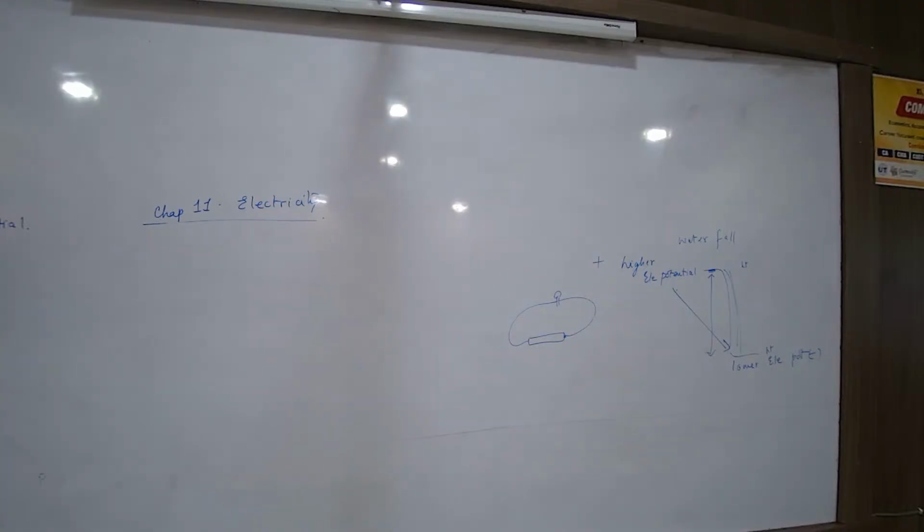Give me one non-metal. Graphite, just now we have seen. These four are metals. Graphite is non-metal, so that's why I'm asking you to mention it. Silver, gold, copper, aluminium, and graphite are good conductors of electricity.